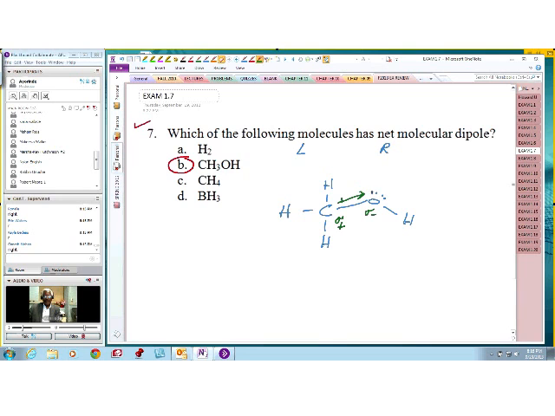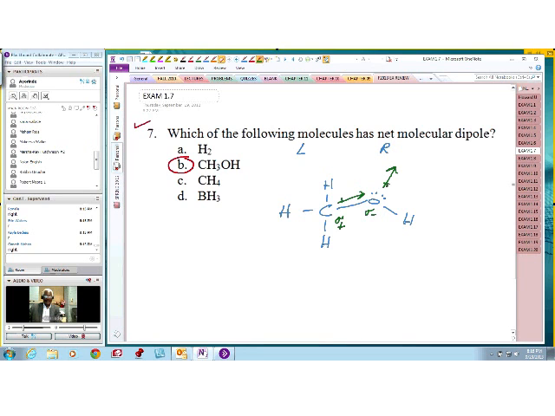Now you also see here, because of the non-bonding pair of electrons, the overall direction of the dipole for this molecule will be in this direction right here.